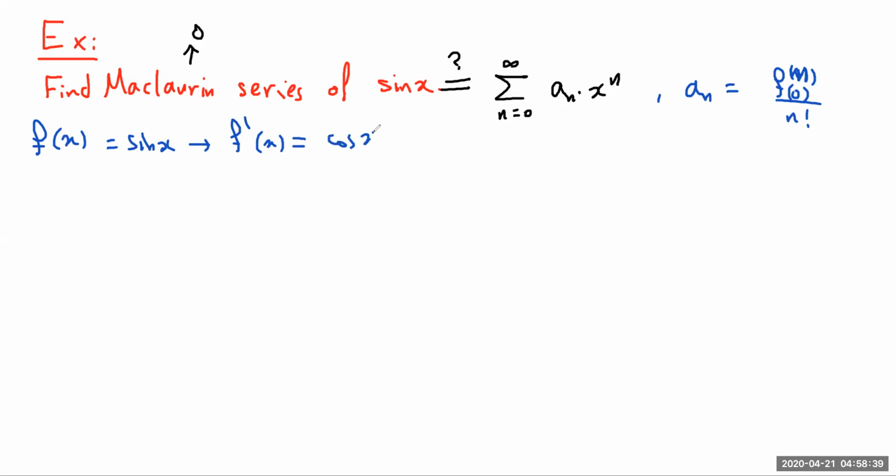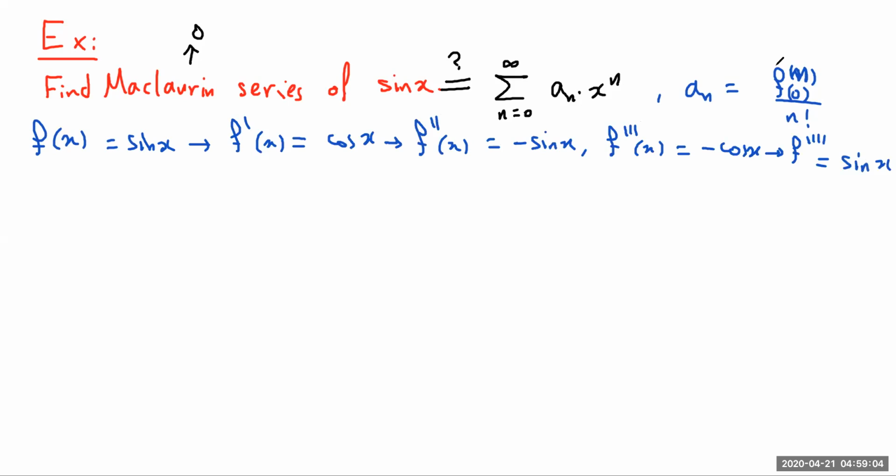It's cosine x. What is f second derivative of x? It's minus sine x. What is f third derivative of x? It's minus cosine x. Now the fourth derivative will be sine x.